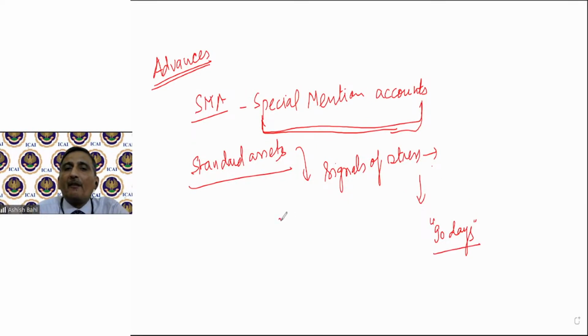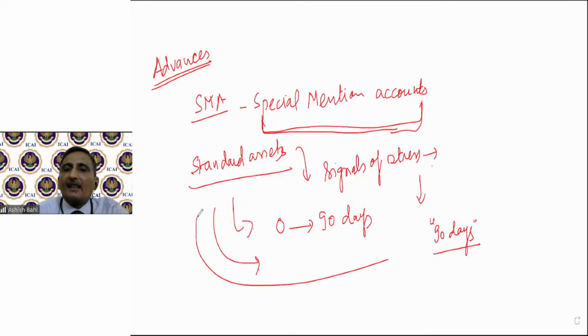What about the period between 0 and 90 days? First the borrower would not make payment of the first installment, then not the second installment, and then we come to the 90 days norm. Such standard accounts which are showing some signs of financial stress are known as special mention accounts.